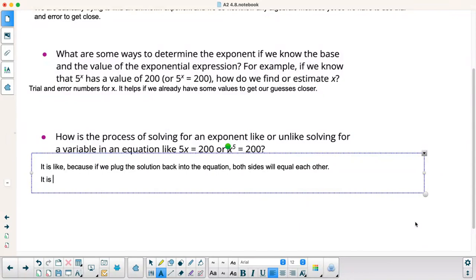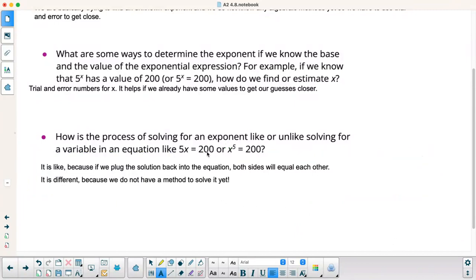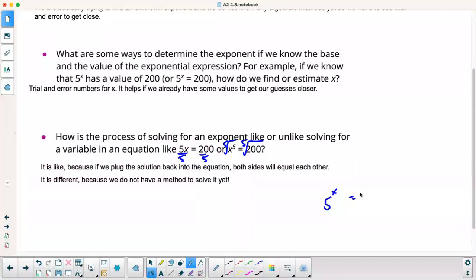I would say it is different because we do not have a method to solve it yet. Okay, these ones we have a method. We divide by 5. We take the 5th root. We don't have a method to do that yet. If I had 5 to the x equals 200, I do not have a method to solve that. So that is why it's really different.